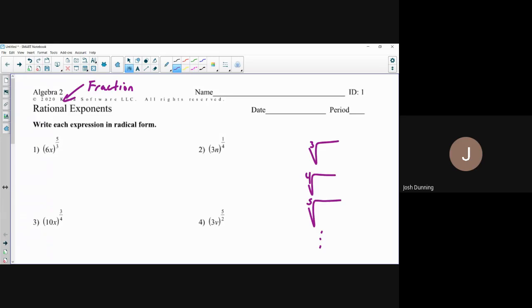And all they mean, like the 4th root, is what number do you multiply by itself 4 times to get the number under the radical? We also mentioned square roots then. That's the standard one. If you have a square root, you don't write the 2. I mean, you can, but you don't really.